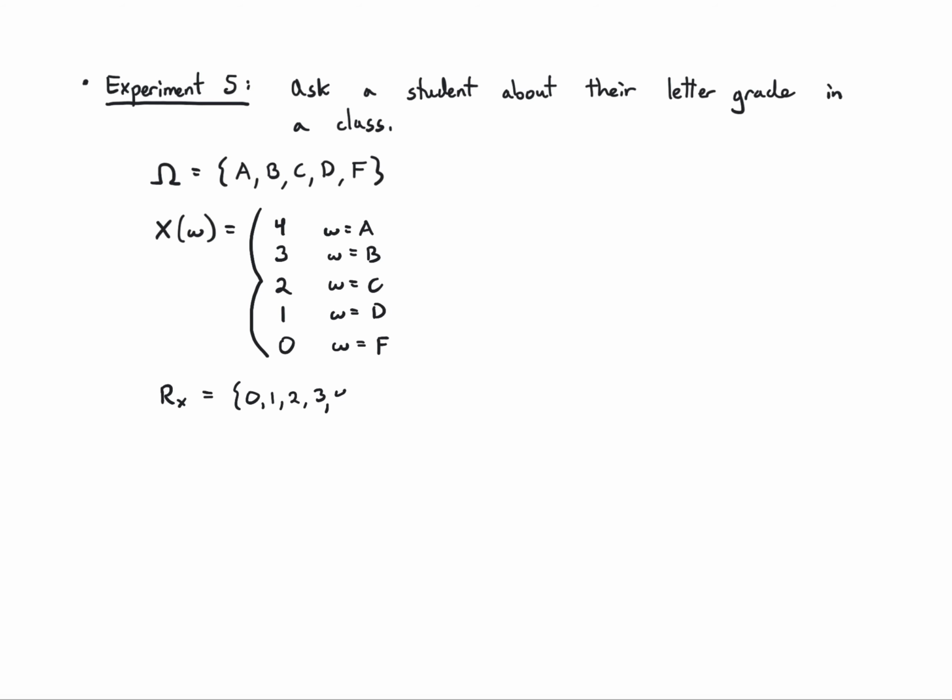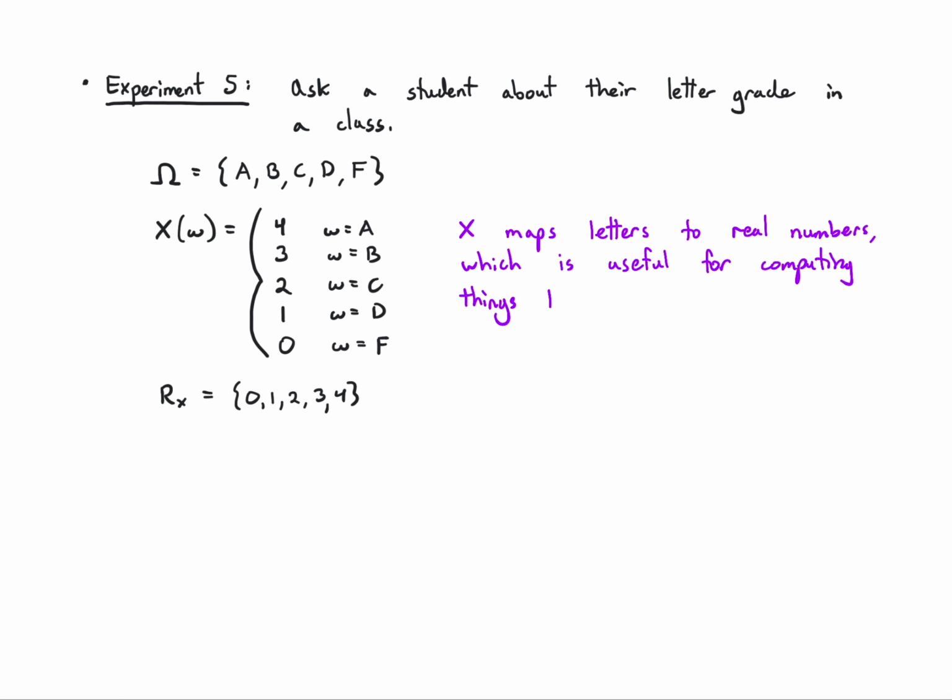So why do something like this? Well, x here is mapping letters to real numbers. Why would I do that? It's useful for computing things like grade point averages. When I'm talking about my grade point average, I don't say that I have an A-B-ish average. I might say I have something like a 3.5, because in that case I averaged together some numbers.